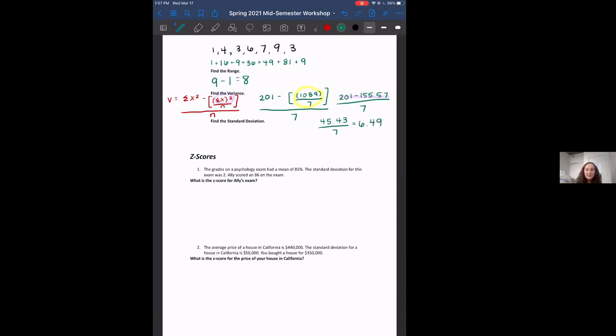So now let's see what our standard deviation would be. So go ahead and plug that into the calculator and tell me what you get. Remember, we said that standard deviation is equal to the square root of variance.